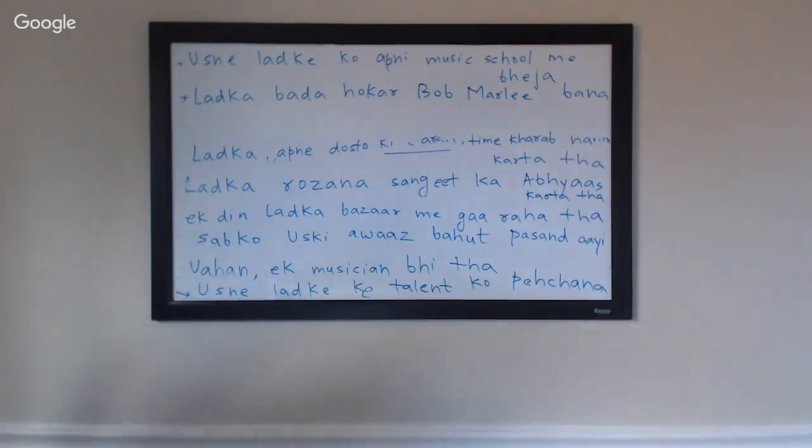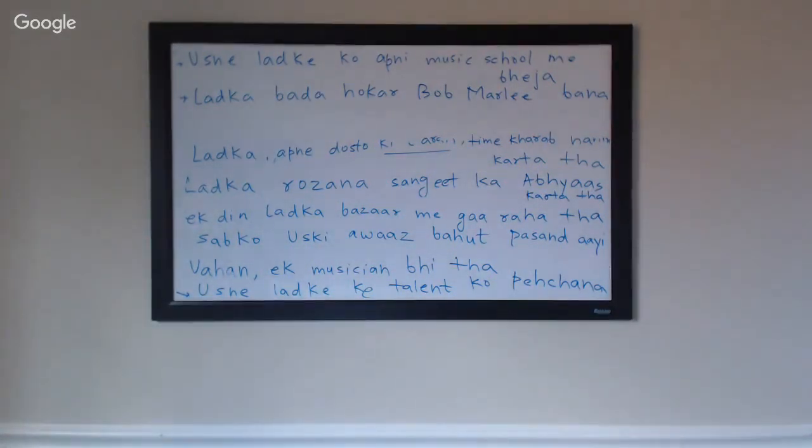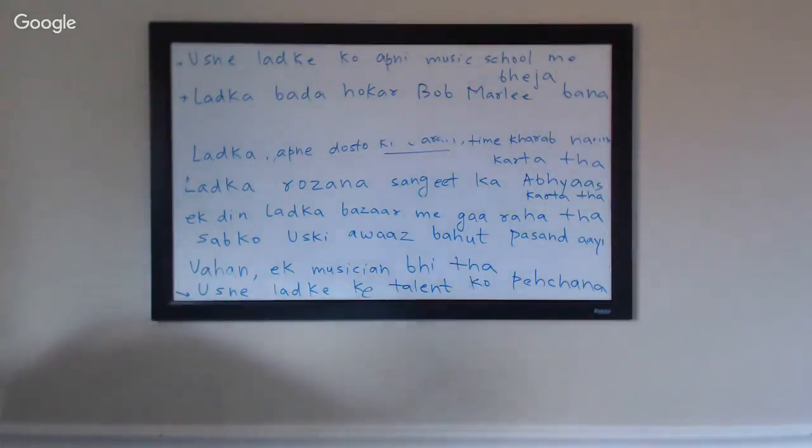Okay, so it's a complete story. You know, everyone can kind of participate. The last two sentences are: उसने लड़के को अपनी म्यूजिक स्कूल में भेजा. लड़का बड़ा होकर बॉब मार्ली बना. So everyone can kind of write down what the last two sentences mean, because those are the concluding part of the story.